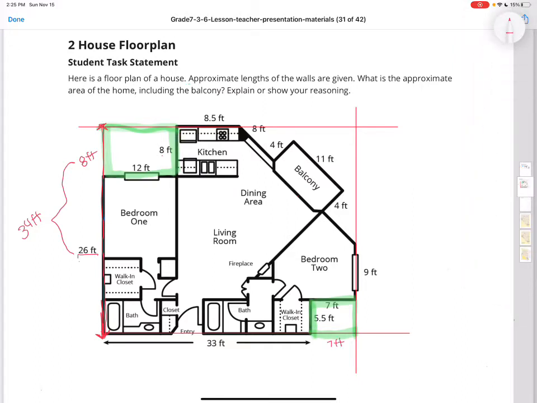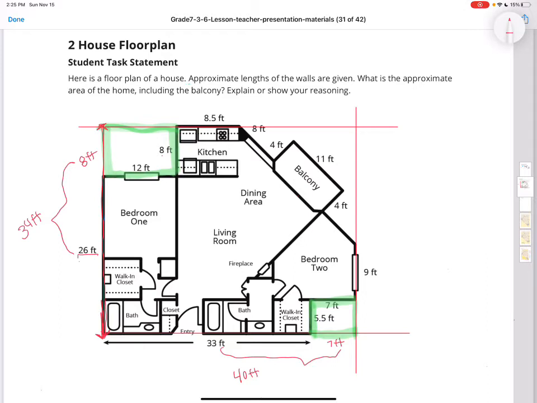And you want to ask yourself, what is 33 plus 7? If you guess 40 feet, you are absolutely correct. So now I have my two new dimensions, and I have 34 times 40. That's how we find the area of this large rectangle.